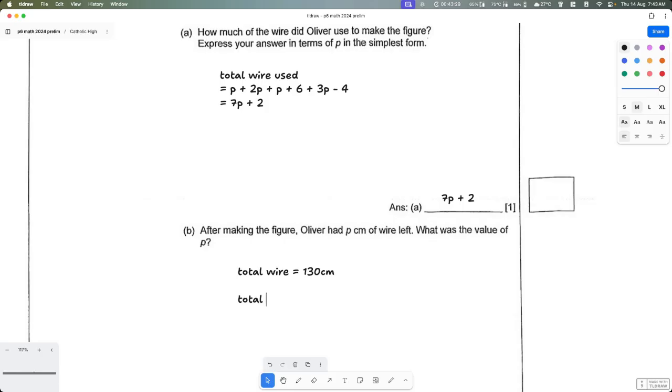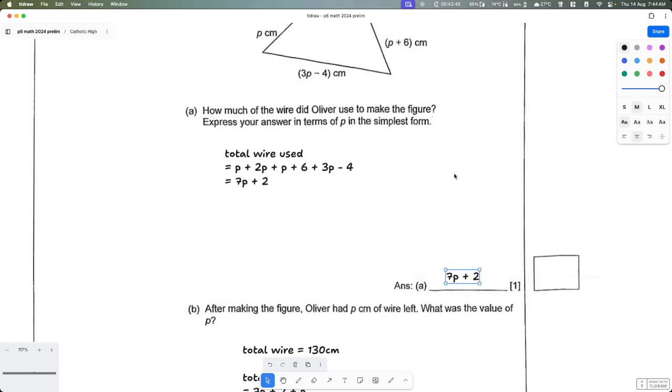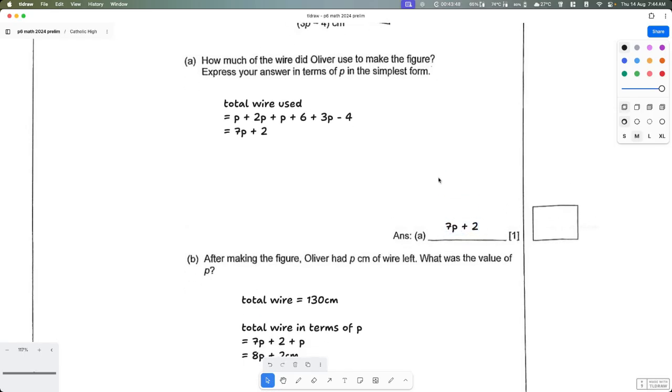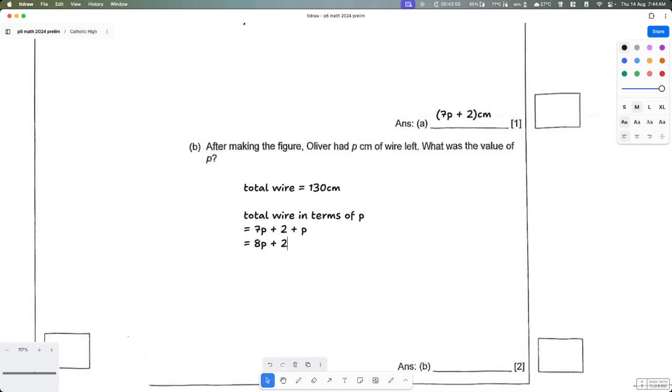Total wire in terms of P is equal to 7P plus 2 plus P, which is equal to 8P plus 2 centimeters, right? This is bracket centimeters.